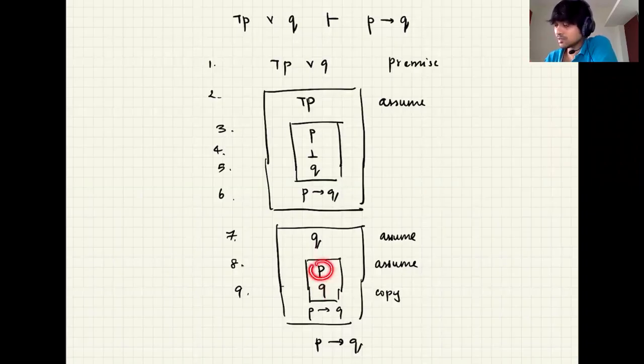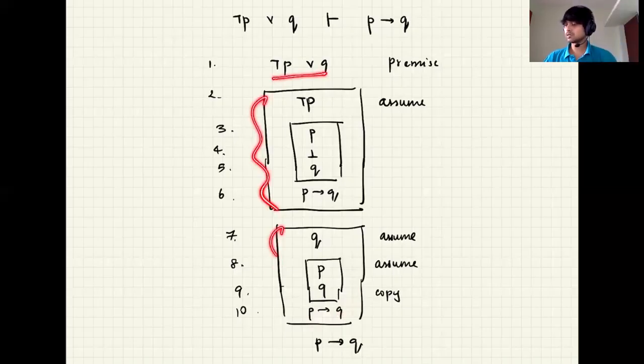So it doesn't really matter. It could have been anything here. This is to apply the implies introduction, because for the implies introduction, I need a box which starts with P and ends with Q. So I got it. And then I got P implies Q. Okay. So I have both of them, and now I do OR elimination on this, and this.